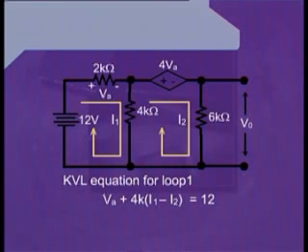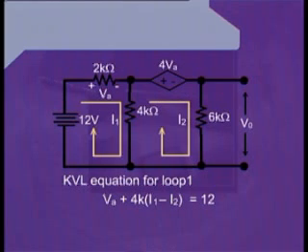Therefore, once again, we write the difference of the currents flowing through this branch, that will be I1 minus I2. Hence, we write 4K into (I1 minus I2).